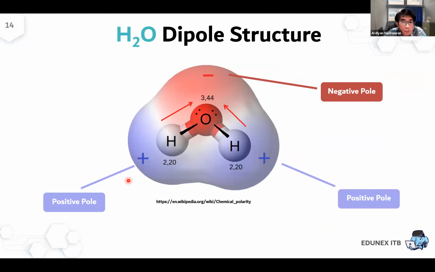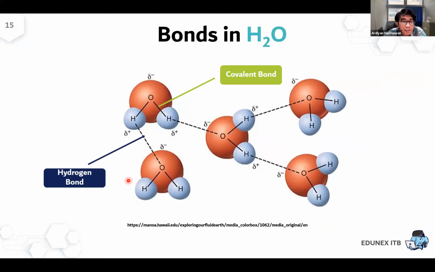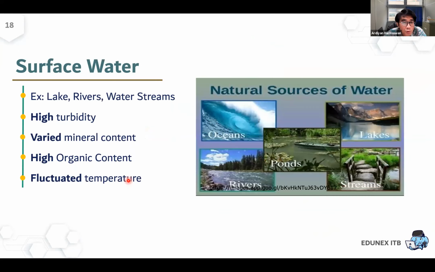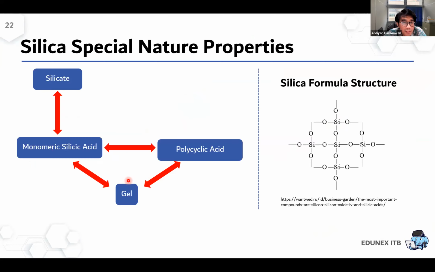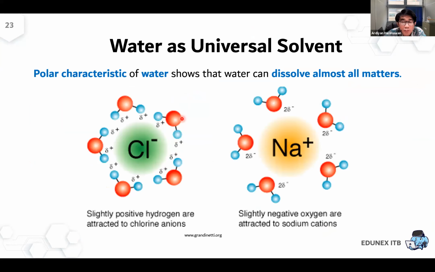And we have also learned about the specific features of water: water is the universal solvent because it has polar characteristics, with positive and negative ions, and also hydrogen bonds between the molecules. The polar characteristic of water shows that water can dissolve almost all compounds.